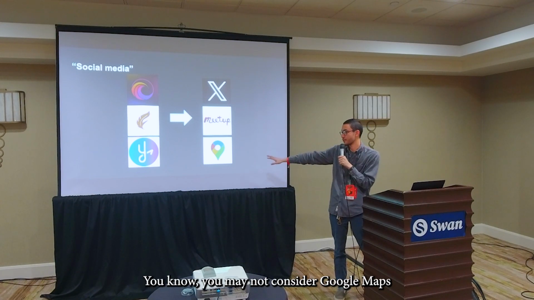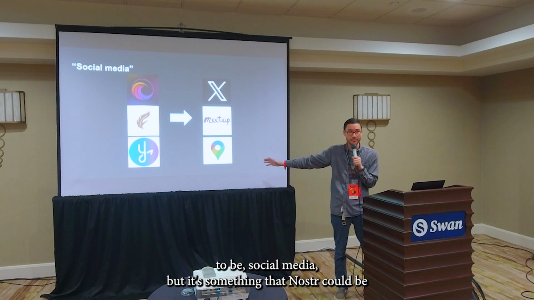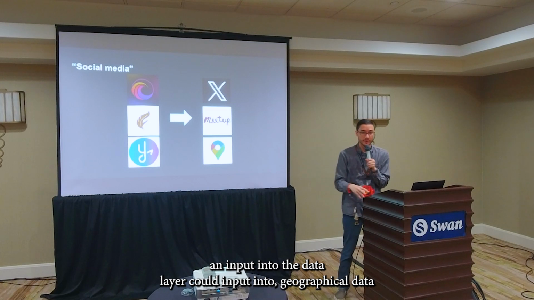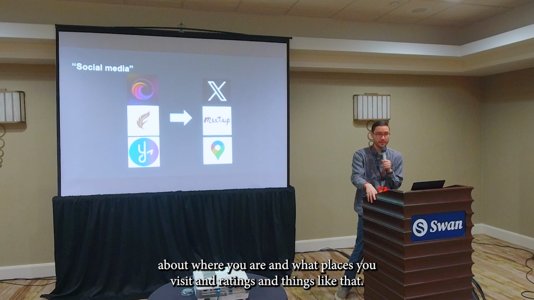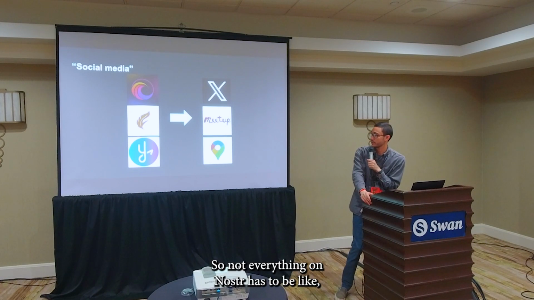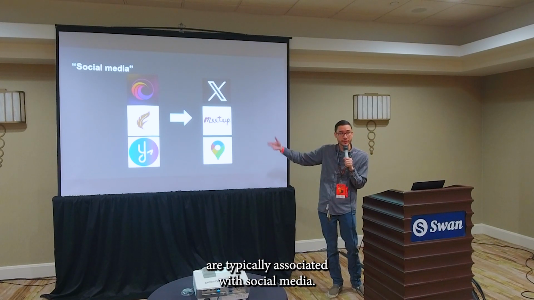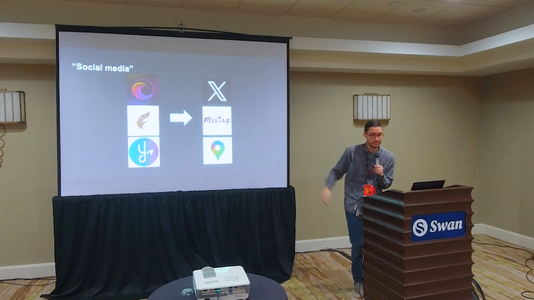You may not consider Google Maps to be social media, but it's something that Nostr could be an input into. The data layer could input geographical data about where you are and what places you visit and ratings and things like that. So not everything on Nostr has to be like X, like Twitter or Reddit or some of these products that are typically associated with social media. It really could be a wide variety of things.